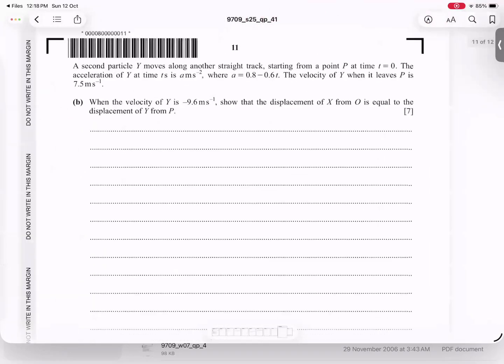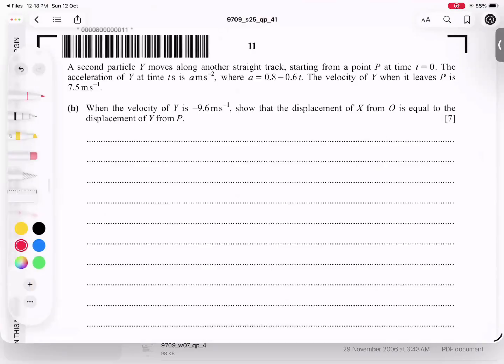Next part, students: we have a second particle y that moves along another straight track, starting from P at time 0, and acceleration is given by the formula here. The velocity when it leaves P is this one. Leaves means when time is 0, so when time is 0, velocity is 7.5.